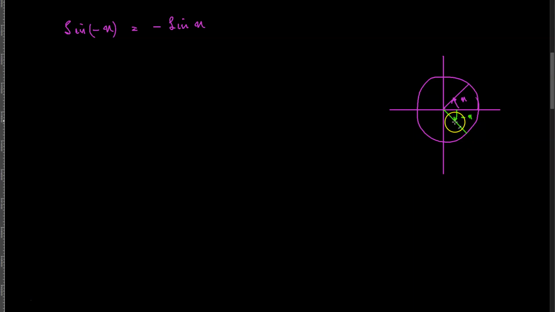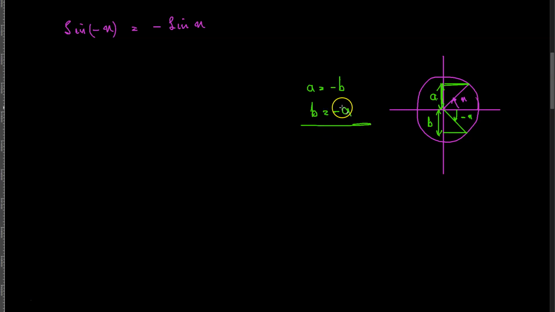So if this is x, this is negative x, and you can see that sine of x is this distance over here, call it a, for example. Sine of negative x would be this distance over here, which is equal to b, and you can see that b is equal to negative a.